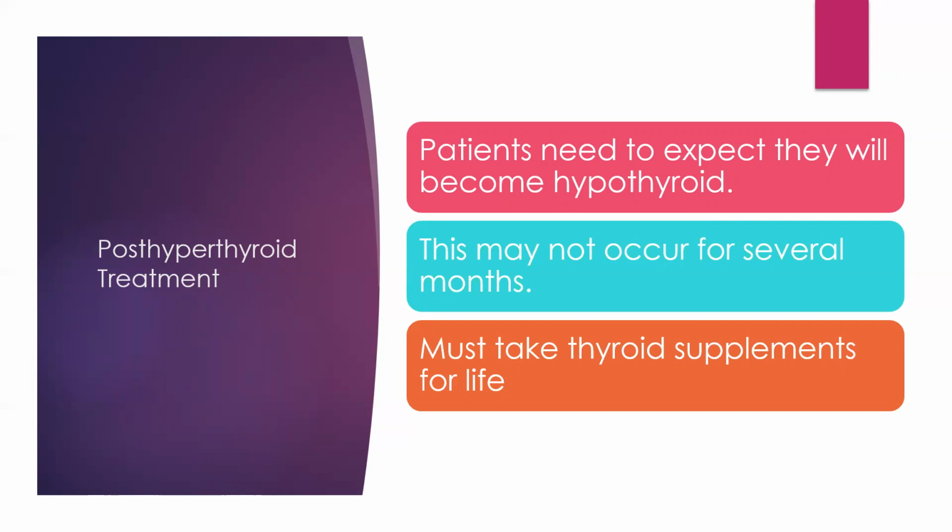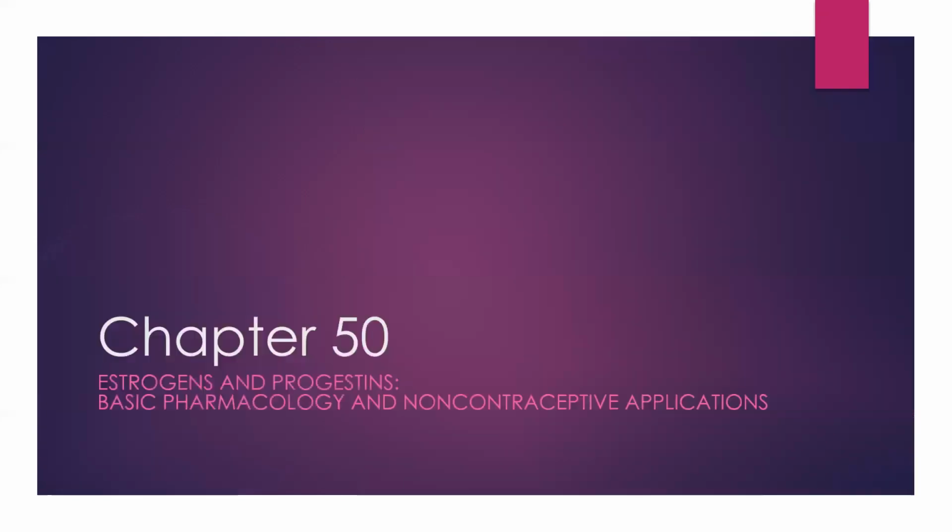Part of that is making sure they make those follow-up appointments and attend them, because we have to evaluate thyroid function. This is going to be really important in our kids too, because the thyroid is hugely important in psychosocial, motor skills, and physical development. All of that development is dependent on the thyroid. So kids are going to be especially important.